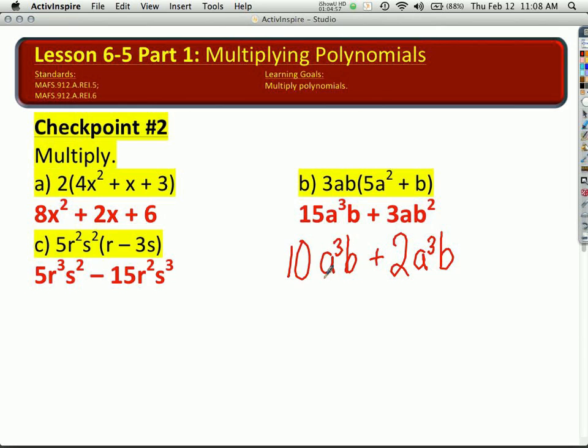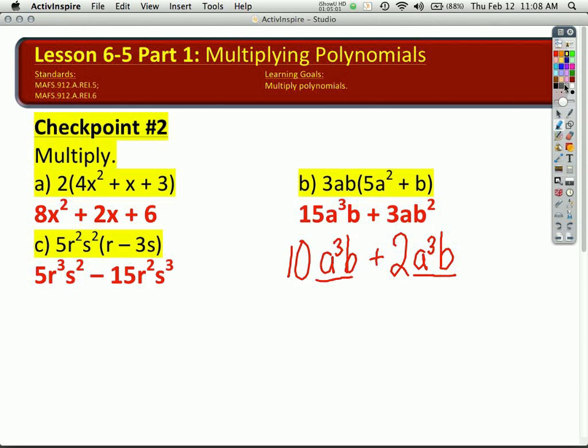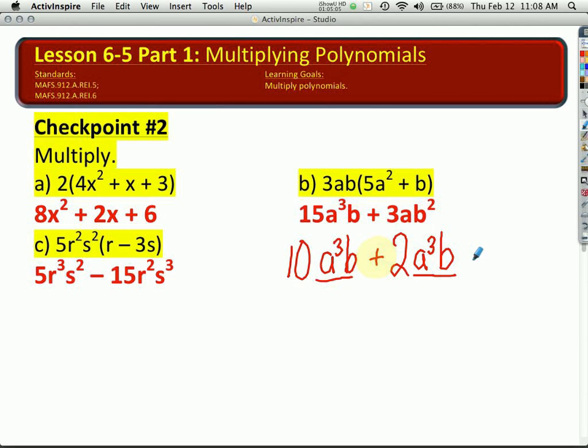Those are like terms because this is addition and they have the same bases with the same exponents. Then you can add the coefficients and you get 12a to the third b. But if they do not have the exact same bases and exponents, you cannot add them together. Okay? And so that's why you can't add these.